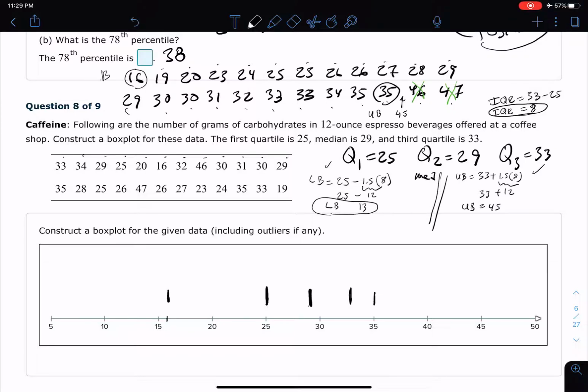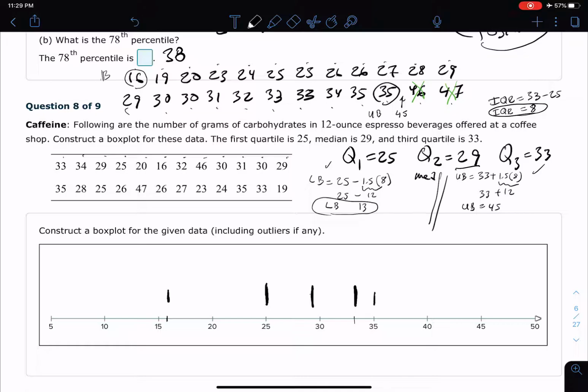Let me try that again. I think something erased on me. Q2 is 29, which belongs right about here. I think I went back and undid something. You'll have to check it out.